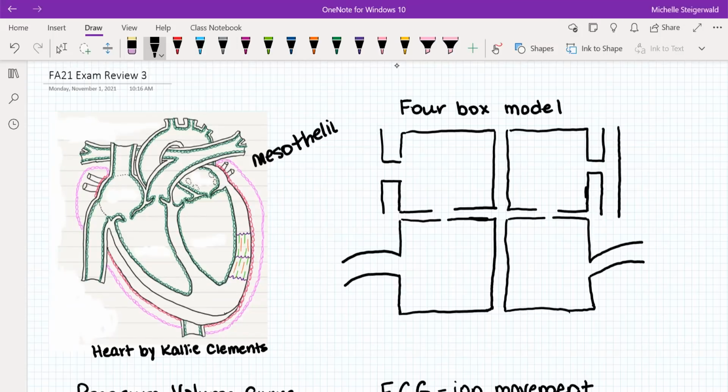Mesothelium. So mesothelium is the pericardium around the heart. It's the two layers that have fluid in between them, and they're going to keep the organ in place, and they're going to prevent some friction from happening. So you always have these two layers. The outside layer is going to be the parietal layer.